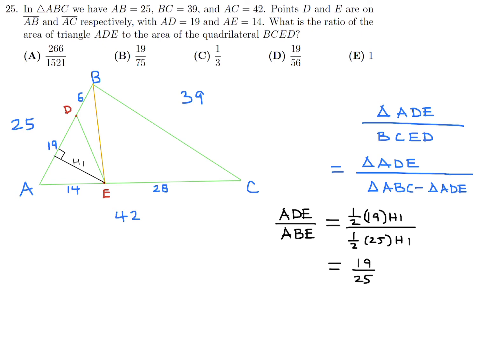All right? And in a very similar way, I will compare ABE to the full ABC. And before I do that, I will draw a very similar type of height from B down to the bottom to make that a perpendicular. Okay, I'll call that H2.